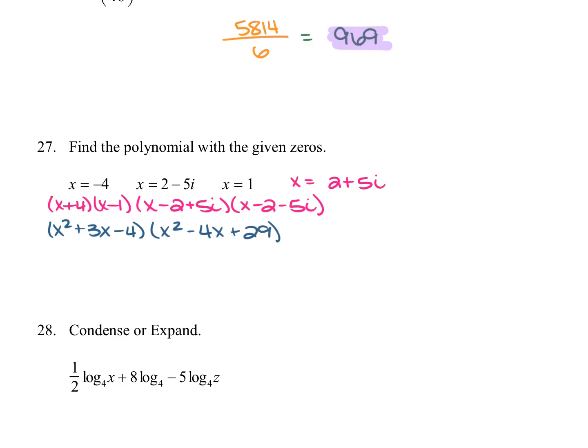You're going to multiply this out. Your x squared gets distributed in first, so that leaves you with x to the 4th power minus 4x cubed plus 29x squared. Then your 3x gets multiplied in to give us 3x squared minus 3x to the 3rd power minus 12x squared plus 87x.